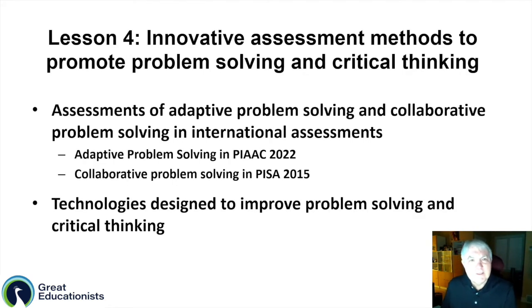Lesson 4 is on innovative assessment methods to promote problem solving and critical thinking. Part of these lessons are going to tap into some assessments that involve many countries.